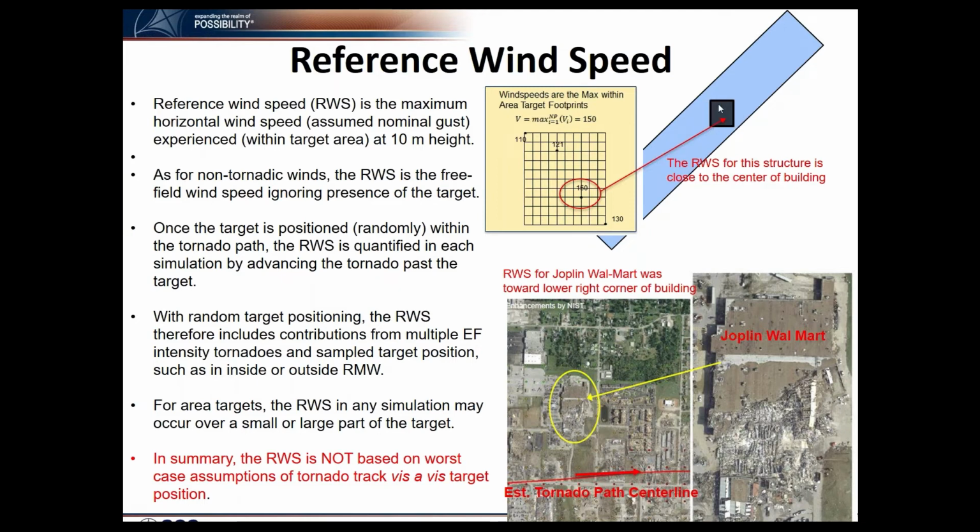If we have a large area target, each of the points on the target can get different wind speed. So we only consider the maximum wind speed that is experienced by the structure as a reference wind speed.